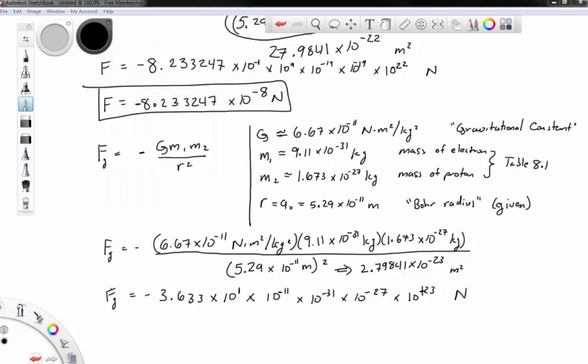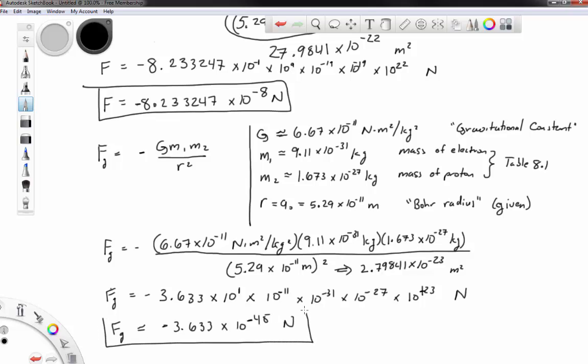We come out with 3.6 times 10 to the minus 45. So the force of gravity appears to be about minus 3.633 times 10 to the minus 45 newtons.